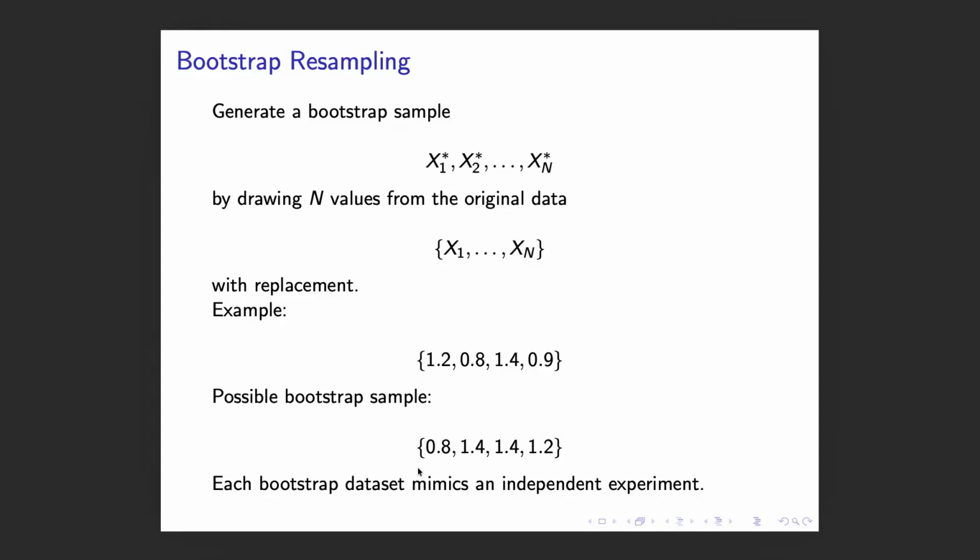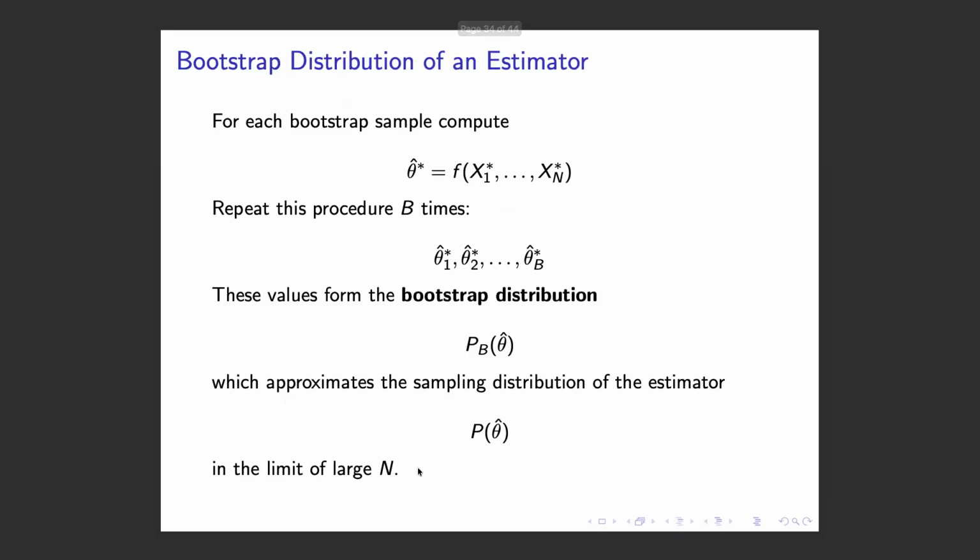So each bootstrap data set is going to mimic an independent experiment. For each bootstrap sample, you would compute an estimator, which could be the mean value, and you repeat this procedure B times. These values form the bootstrap distribution, which then approximates the sampling distribution of the estimator in the large limit of n.